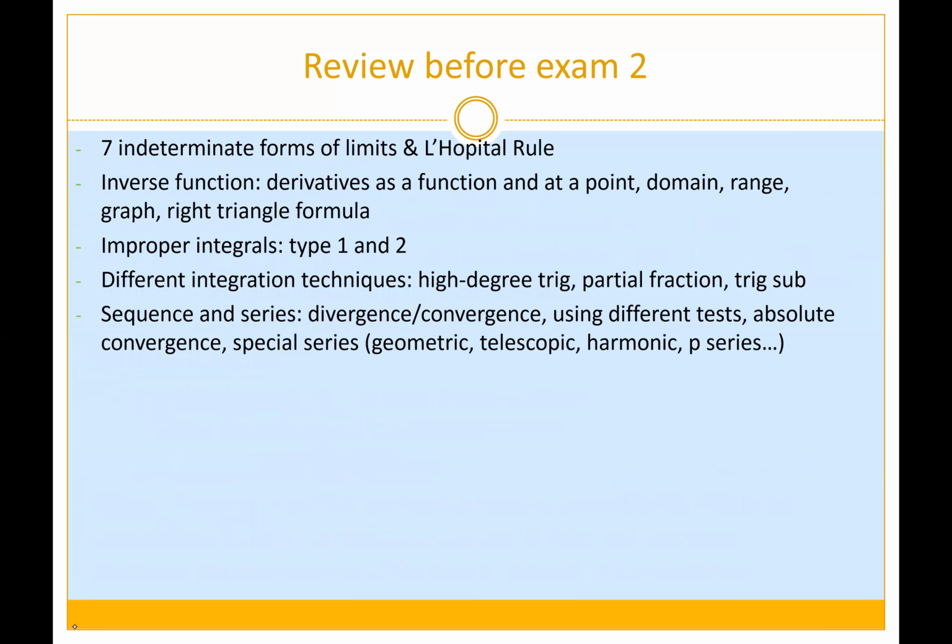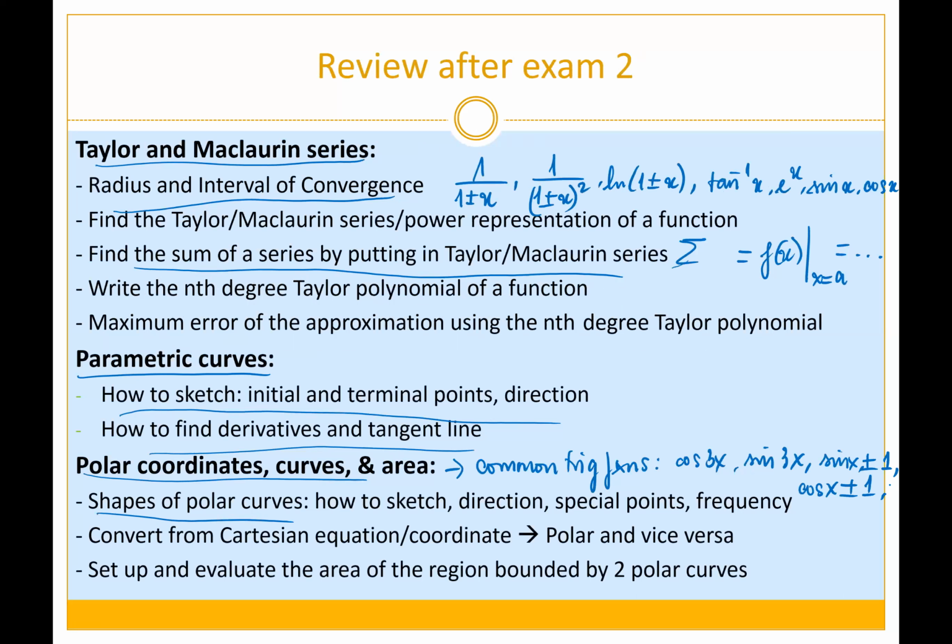And also others, maybe like cosine 2x and sine 2x as well, to go through in the exam and it makes your life easier because then you know the shape of the functions that you're looking at, and so you can easily draw them, and it's going to help with finding the area of the regions bounded by two polar curves. Also be able to convert between Cartesian equations and polar coordinates.